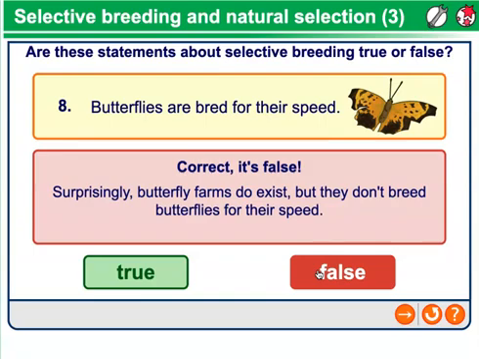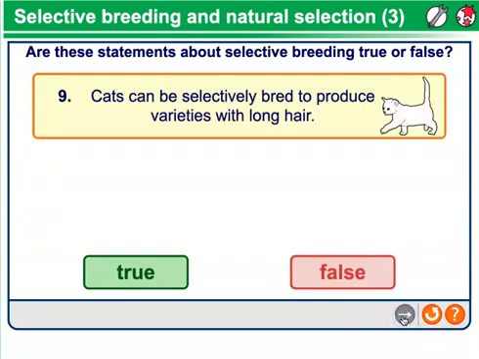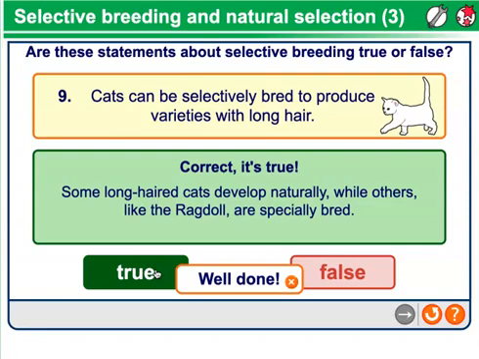Rather, maybe for coloration. Cats can be selectively bred to produce varieties with long hair. This is true. Some long-haired cats develop naturally, while others, like the ragdoll, are specifically bred for that trait.